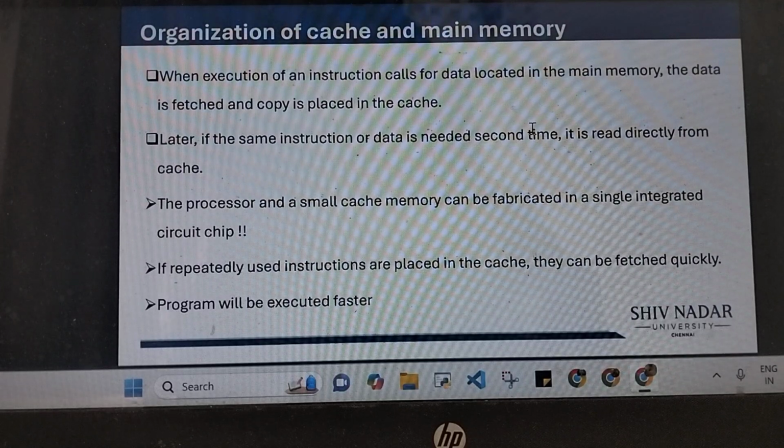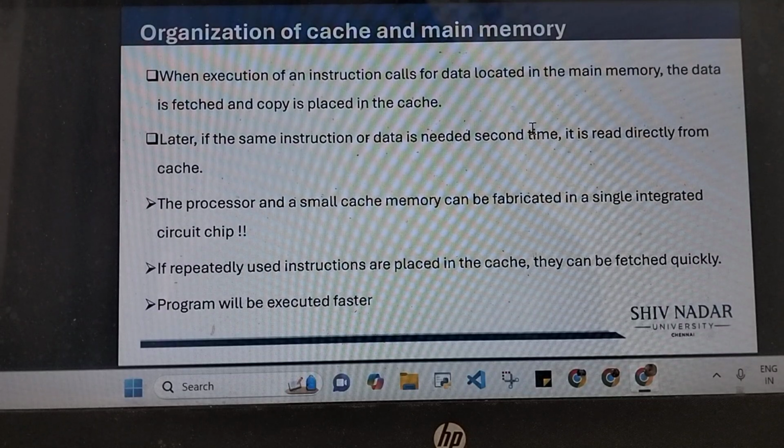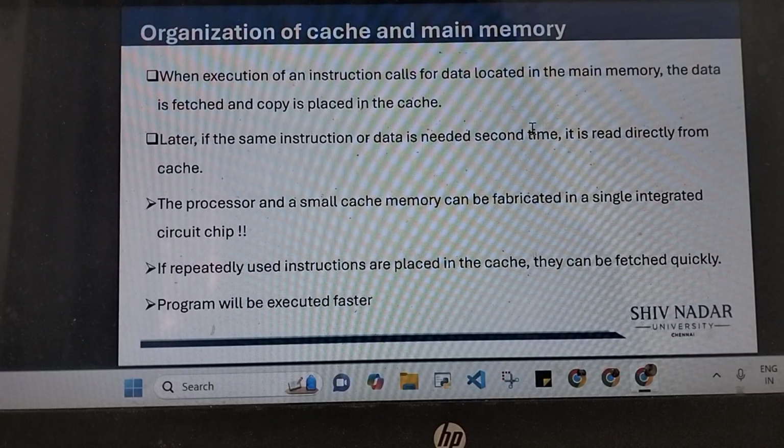The first time you fetch it, you put it inside the register and it stays there until you're done with it. But the problem is, like I said, registers are the smallest in size, so they have a very limited capacity. So if you have multiple such instructions, all of which you will keep needing frequently and repeatedly, you cannot put all of them in the register. There is only as much a register can hold.